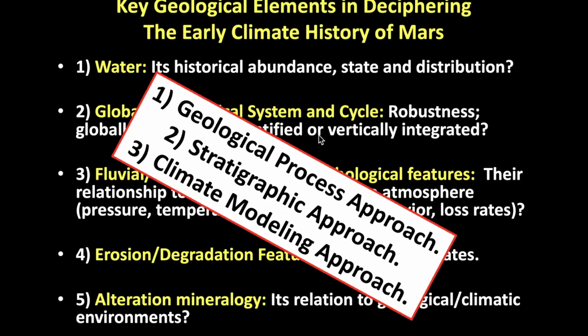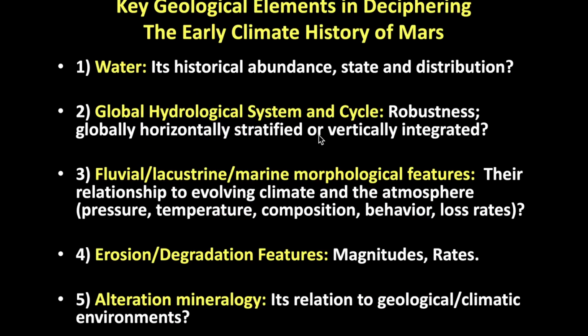Using these different approaches, we've tried to look at the water, the global hydrological system and cycle. Is it globally vertically integrated or horizontally stratified? Fundamental differences. Fluvial lacustrine features, marine morphology, et cetera, erosion and degradation features, really critical in terms of the magnitude and amplitude of the processes, and of course, the alteration mineralogy.